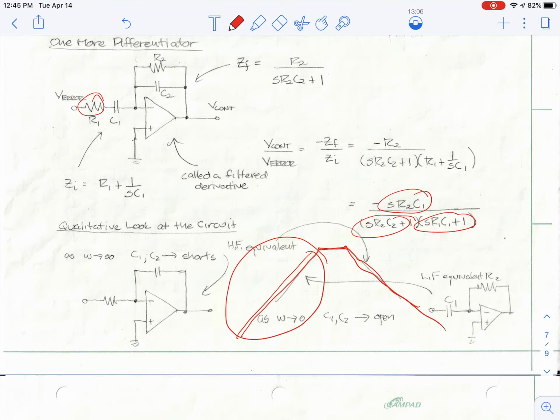So I show this as omega goes to infinity, both capacitors short, and so it's down here, and the low frequency is equivalent to this low frequency transfer function. And so I get what I need. I don't amplify high frequency noise, and I still get the derivative action where I need it.